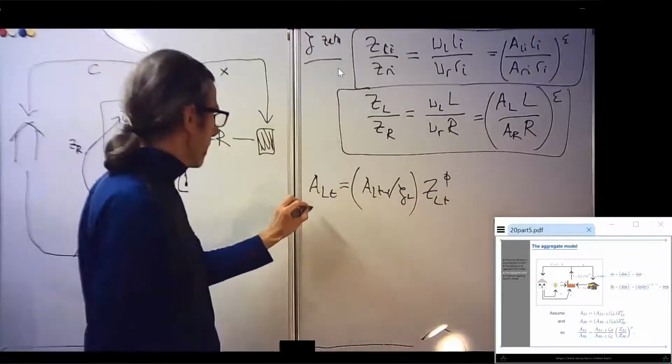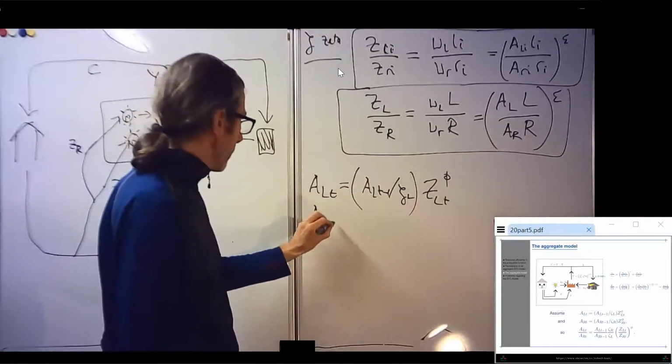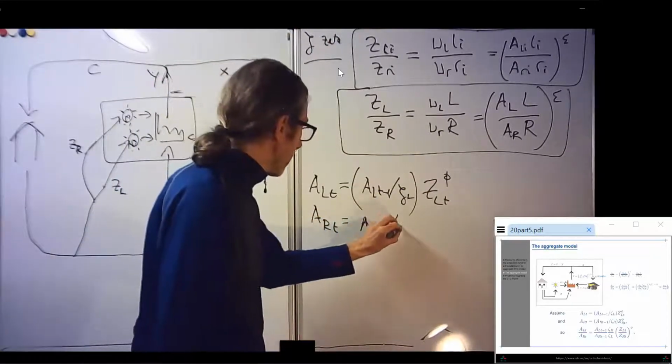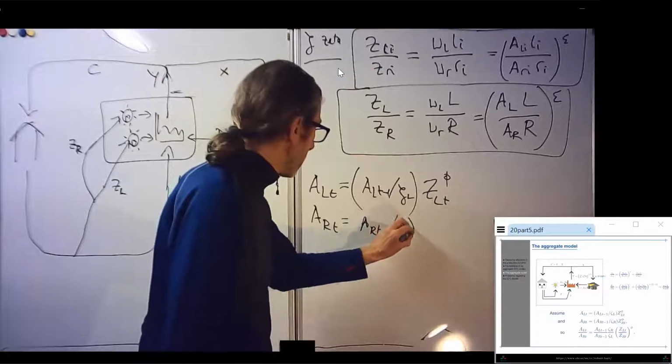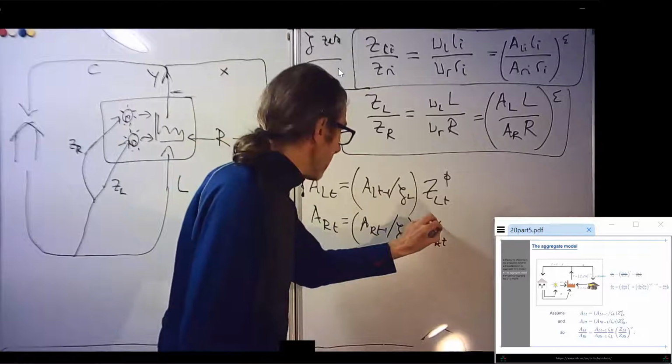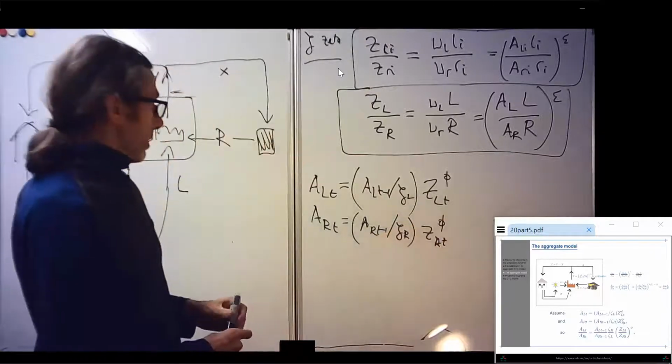Symmetrically, we've got ART is ART minus 1 to the power 1 over zeta R, times ZRT to the 5.